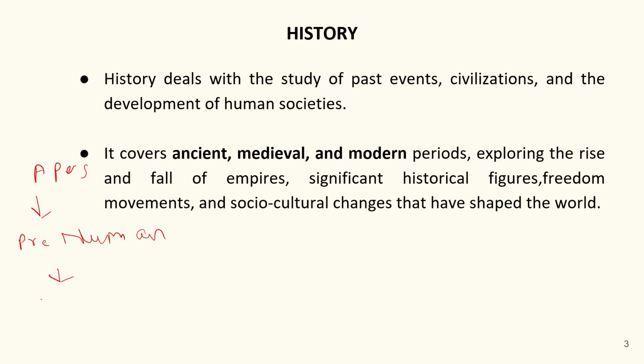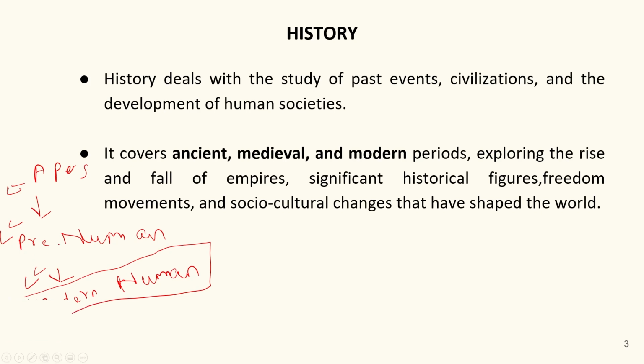Then we developed into modern human. Got it? So starting with the apes, then the pre-human, and then the modern human. We are living in this time today, but we have evolved from the pre-human and before that from the apes.